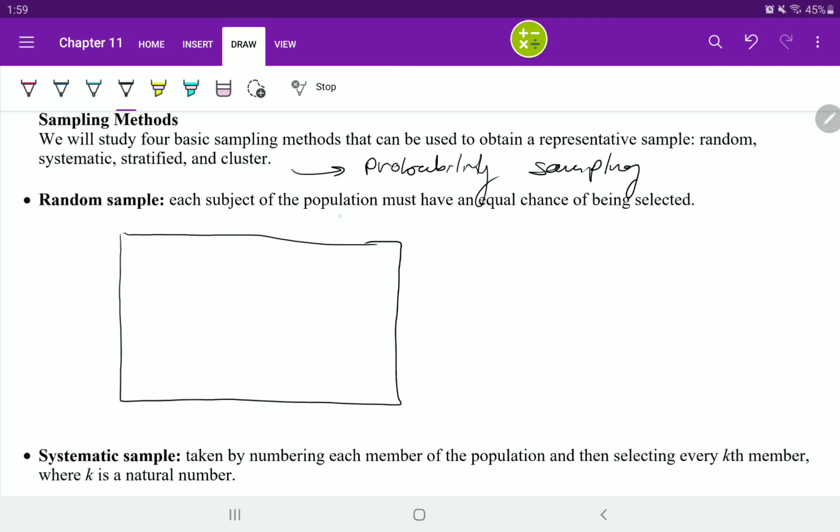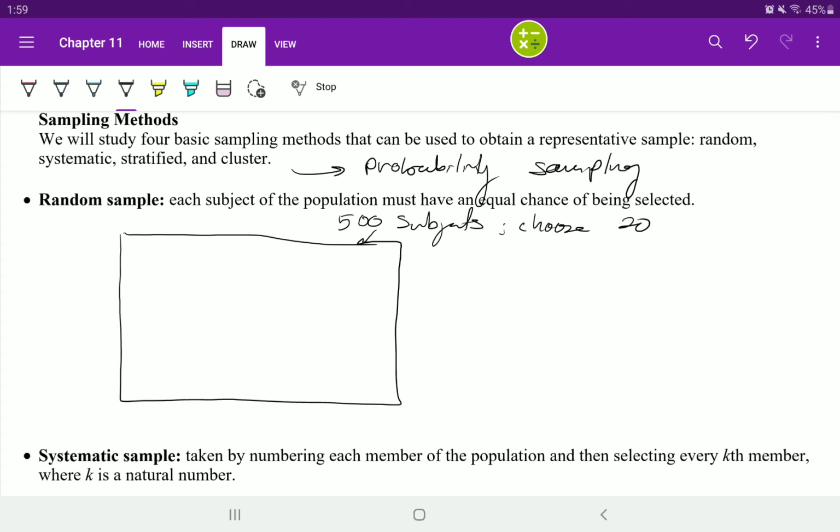Let's say there's 500 subjects inside of it, and I want to choose 20. That means out of the 500 subjects inside my population, I am picking 20, and each person has a chance of being selected. So that is an example of random sampling.